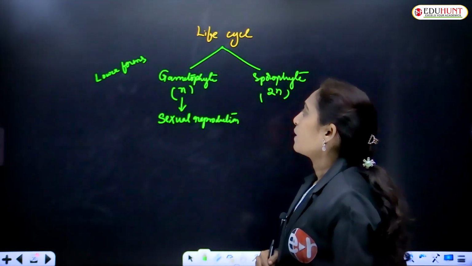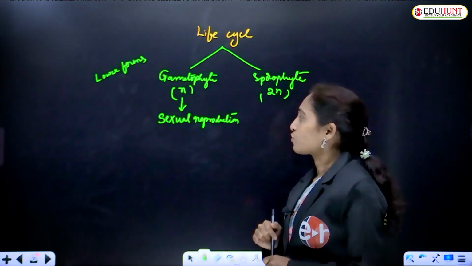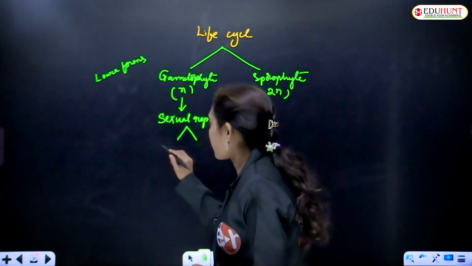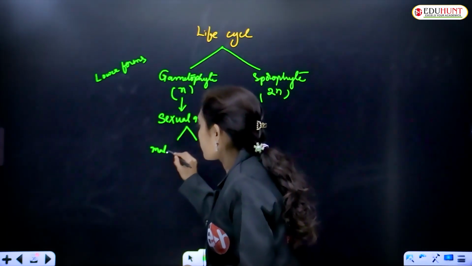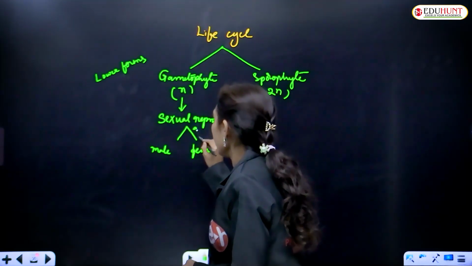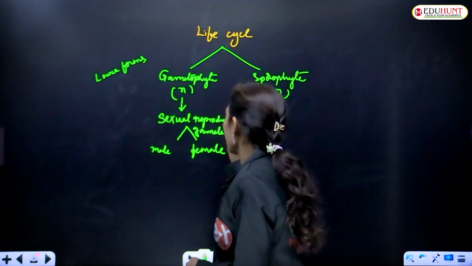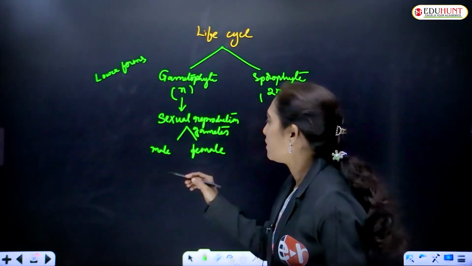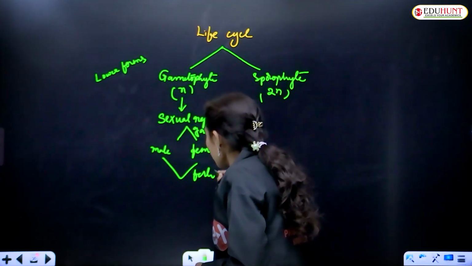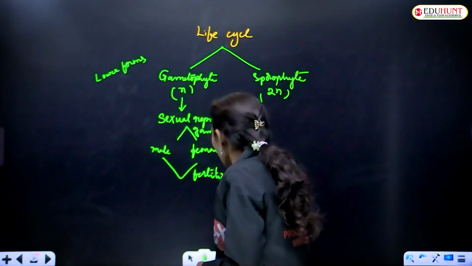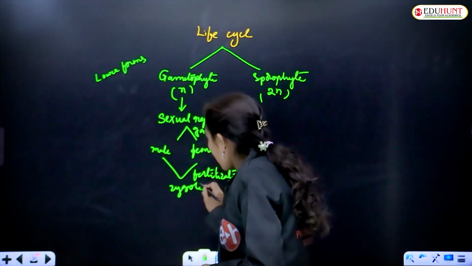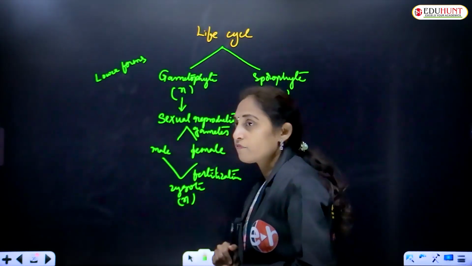During sexual reproduction, they produce male and female gametes. These two gametes fuse, and this is called fertilization. This forms the zygote.